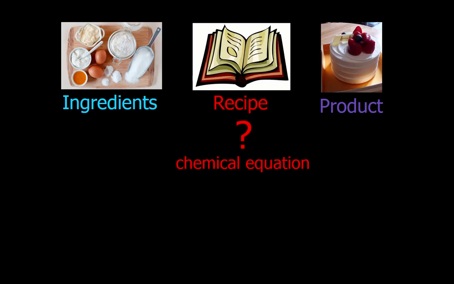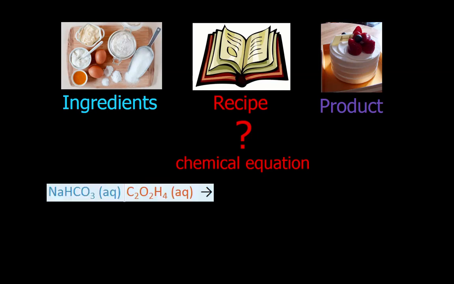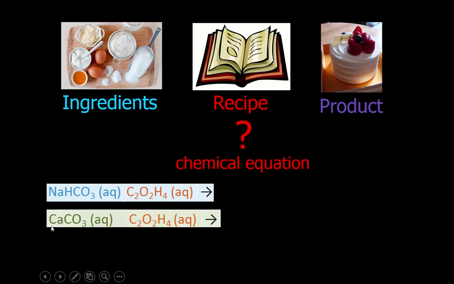So in this investigation, we looked at two different chemical reactions. The first one involves sodium bicarbonate, that's this right here, otherwise known as baking soda, reacting with acetic acid, that's vinegar acid. The other reaction involves calcium carbonate, CaCO3, otherwise known as chalk, reacting with this right here.